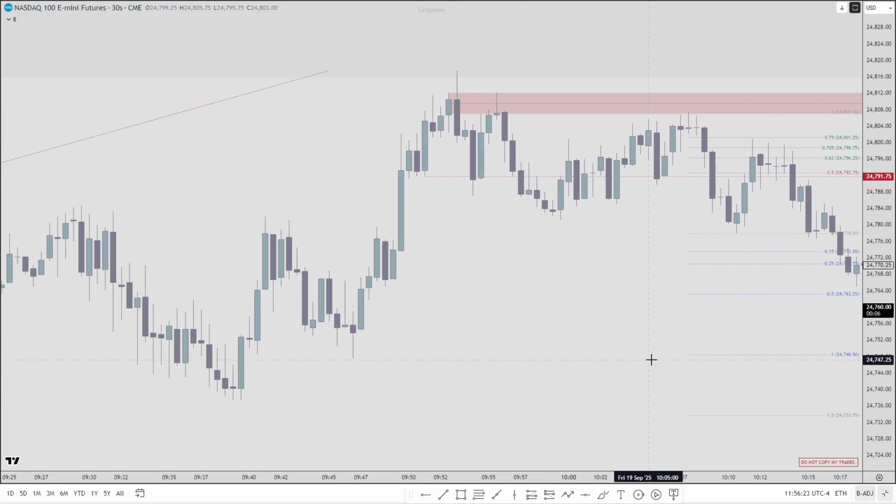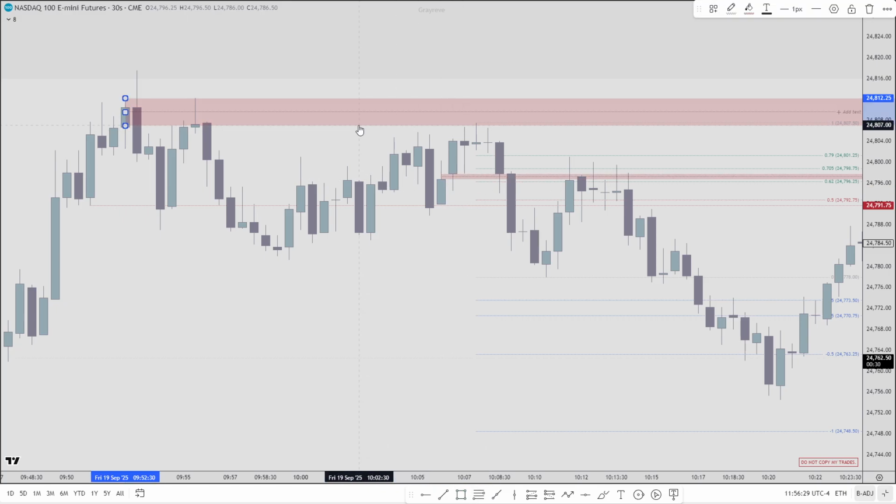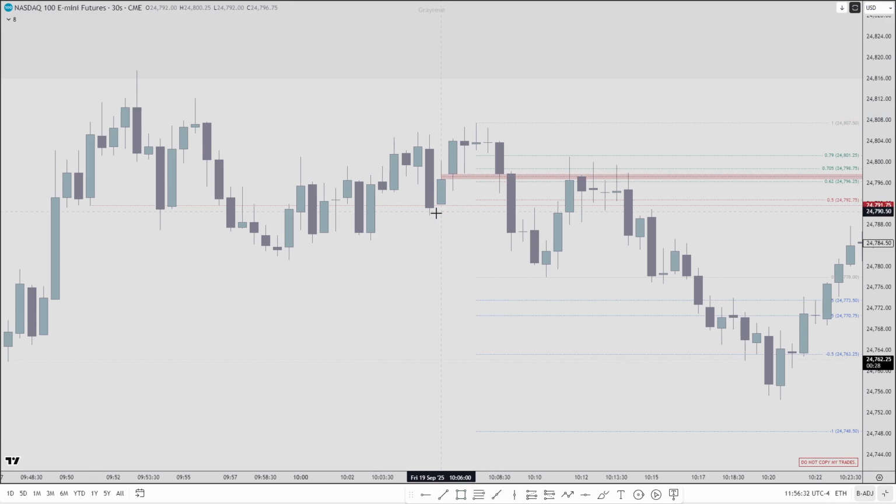Right here, what do we have? If you look closely enough, we have this tiny little inversion volume imbalance right here. You see this candle tagging into the high of the volume imbalance before forming this swing high. So this is a valid inversion fair value gap.